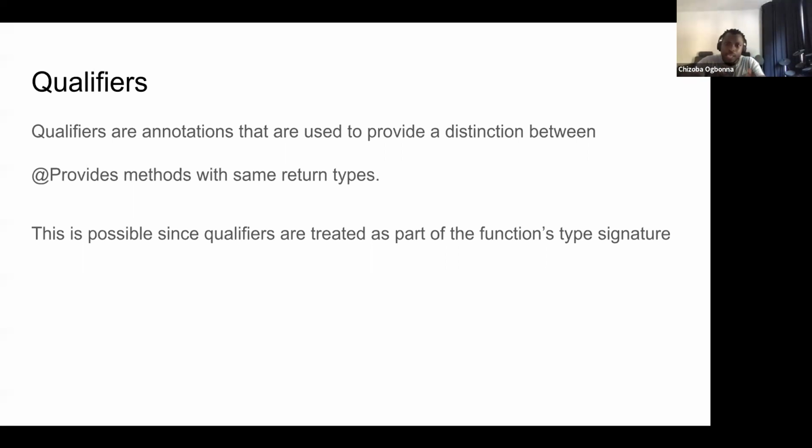Maybe one takes a single parameter, then you can have the same function name taking two or more parameters, you've overloaded that same function. This is what the qualifier actually helps us to do. It overloads that function with the qualifiers that you add. So even though they have the same return type, string, with the qualifier, the signature changes.